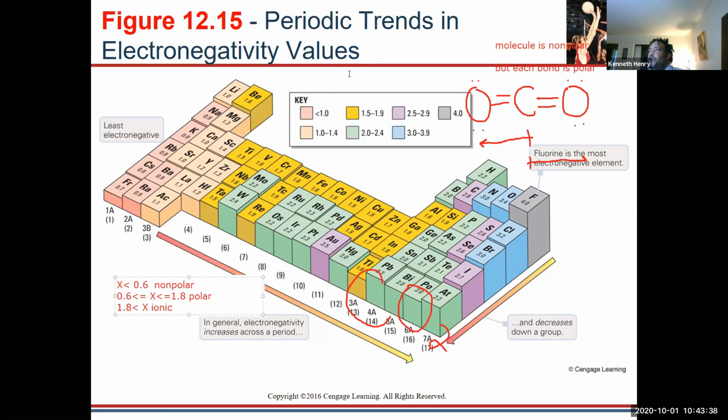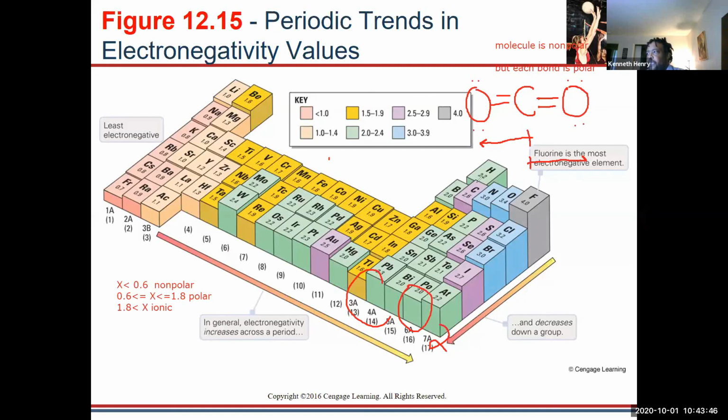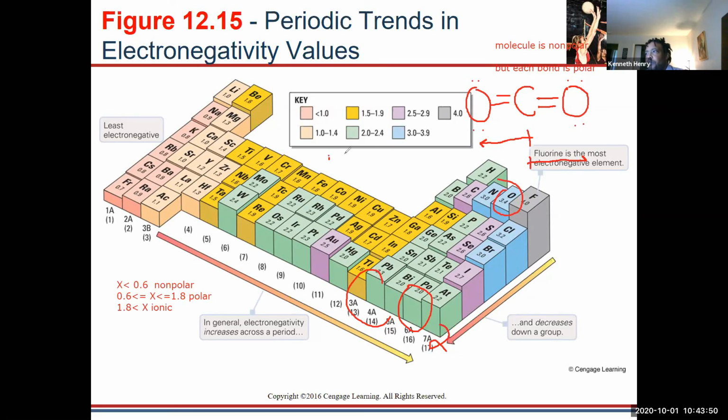Okay, so oxygen and carbon. You take the bigger number. Oxygen has an electronegativity of what? 3.4.